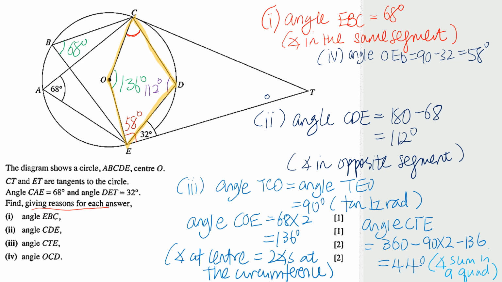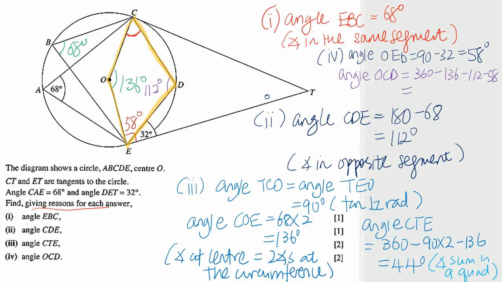All right, use this quadrilateral. So therefore, angle OCD will be just 360 again, because it's a quadrilateral, minus 136 minus 112 minus 58.